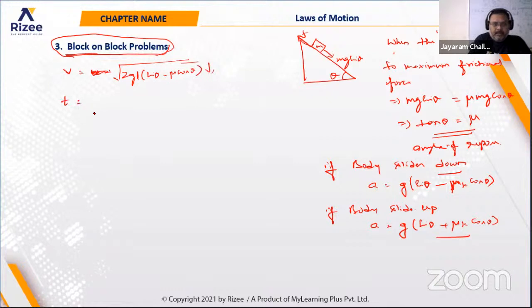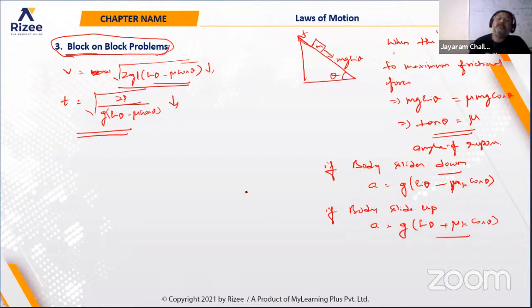The time taken to come down a rough inclined plane can be calculated as root of 2l by g of sine theta minus mu cos theta, when the block is coming down. These are the different cases needed when solving sums in this situation.